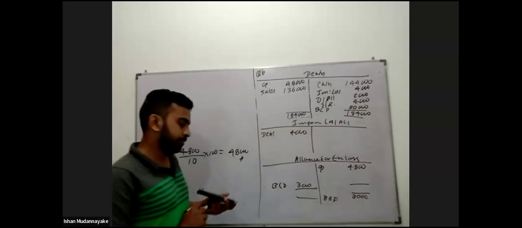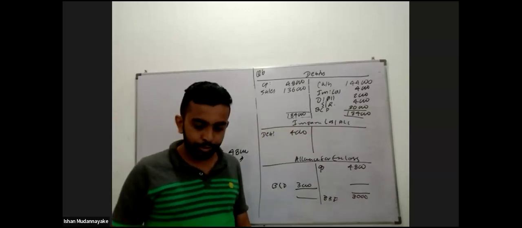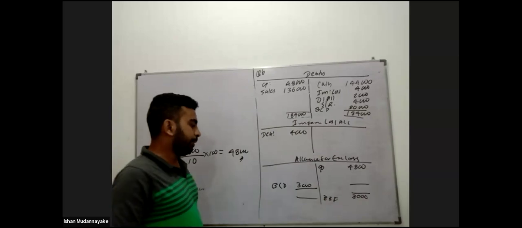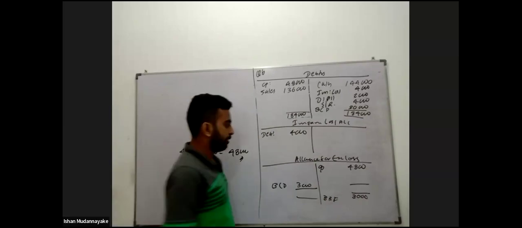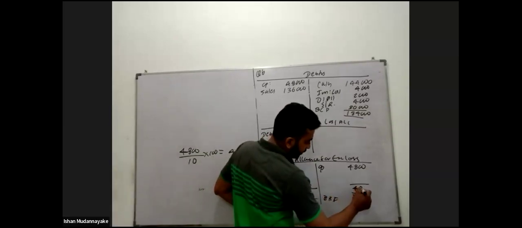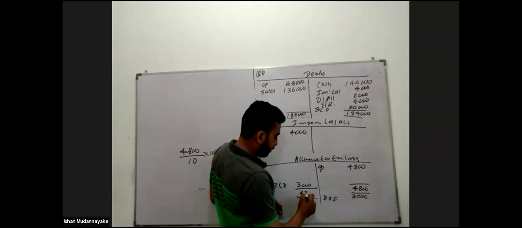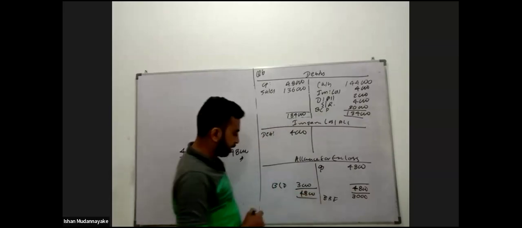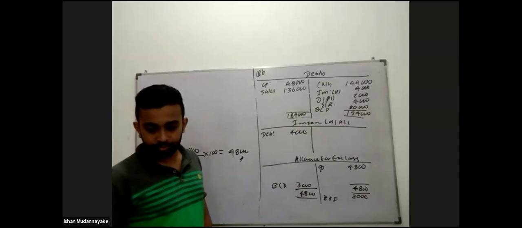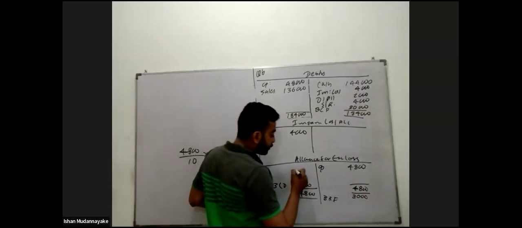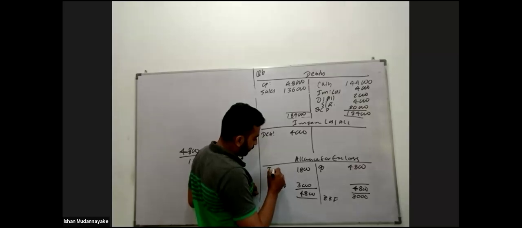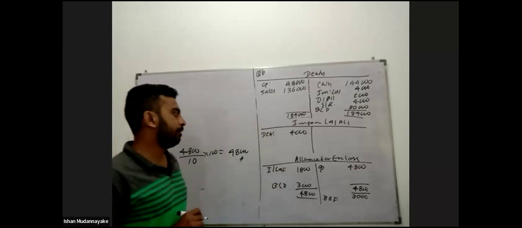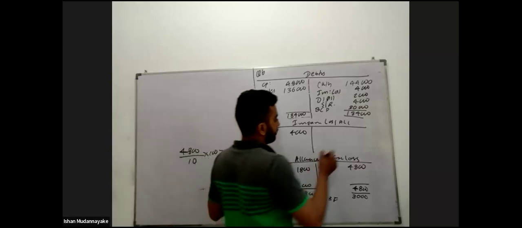When you balance this allowance for expected loss account, credit side 4,800 minus 3,000, how much? 1,800. Allowance for expected loss account debit, impairment loss account credit 1,800.